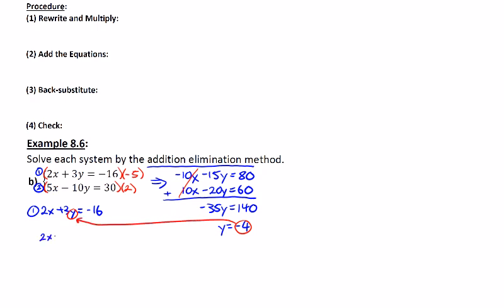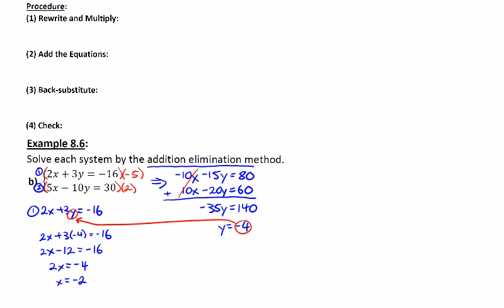So 2x plus 3 times negative 4 should equal negative 16. So 2x minus 12 will equal negative 16. 2x would then equal negative 4, so therefore x must equal negative 2.